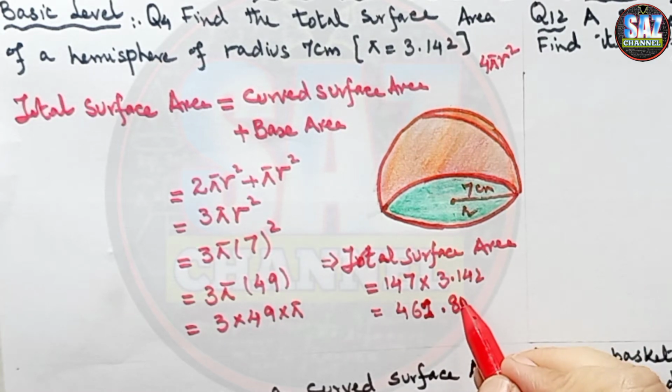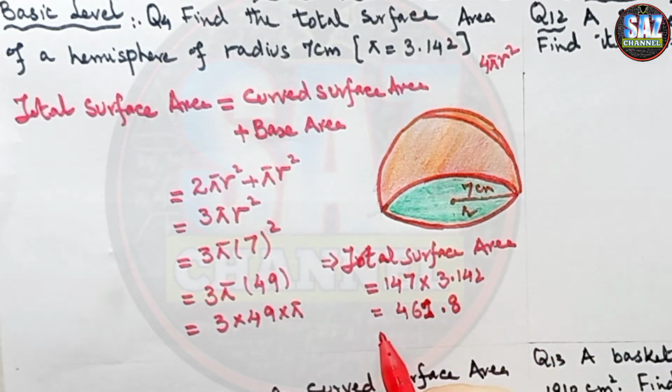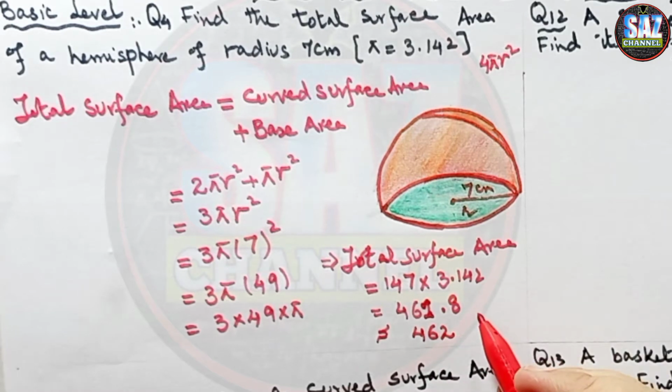As we have to give our answer to 3 significant figures, it will be approximately equal to 462, and the units are in centimeters, so centimeter square.